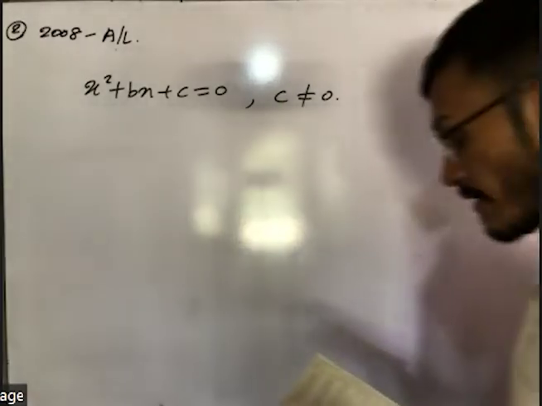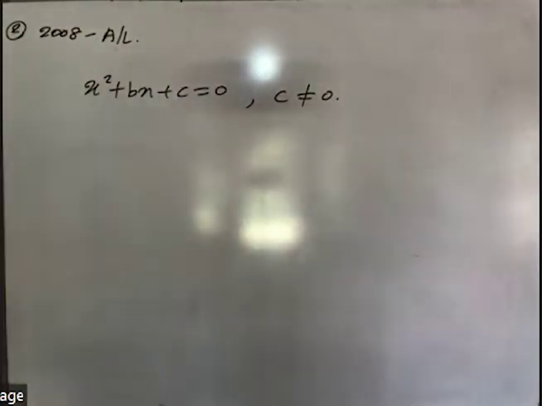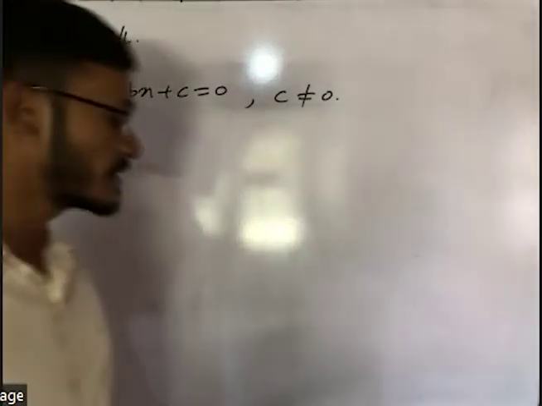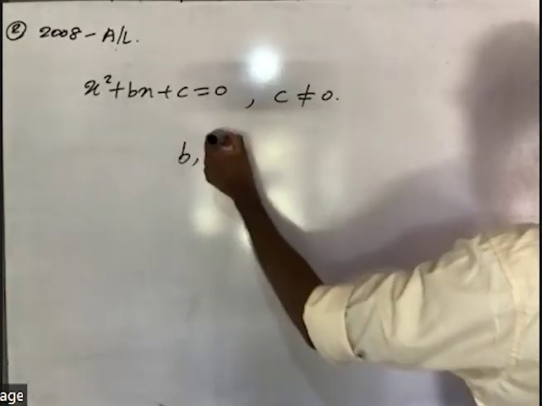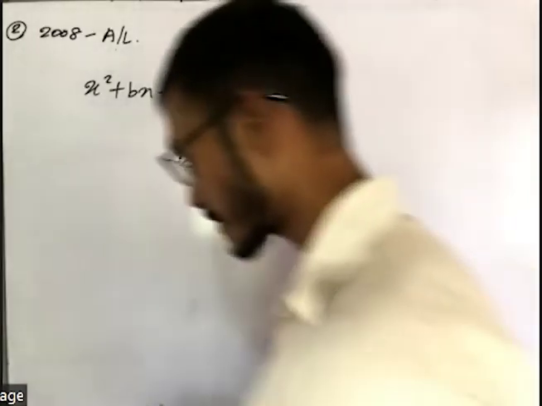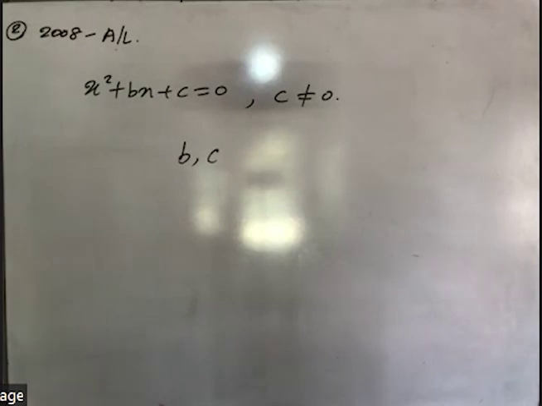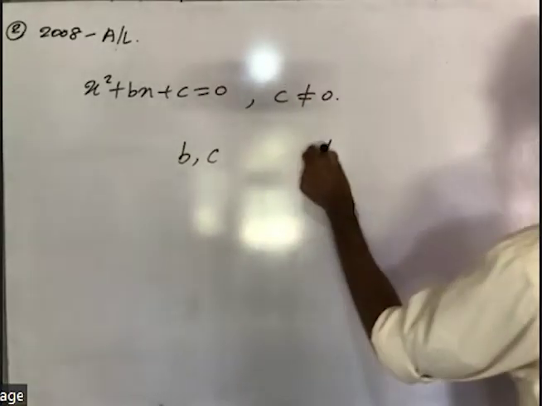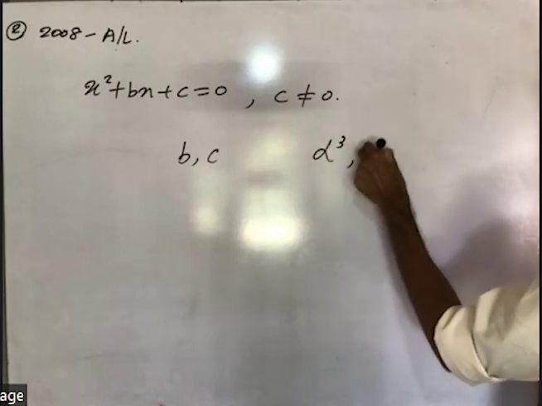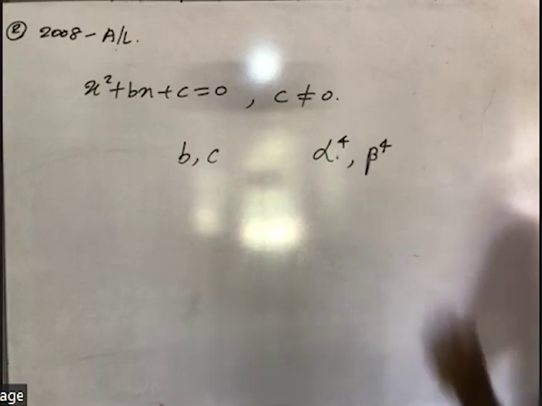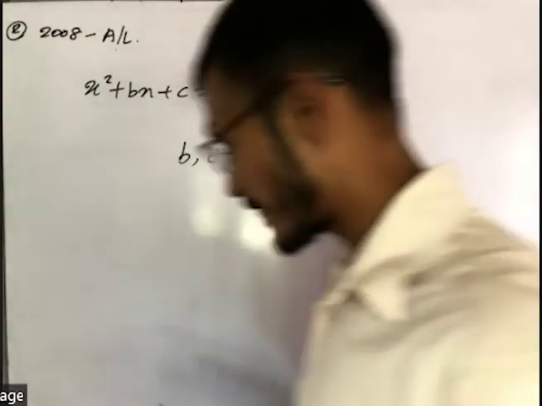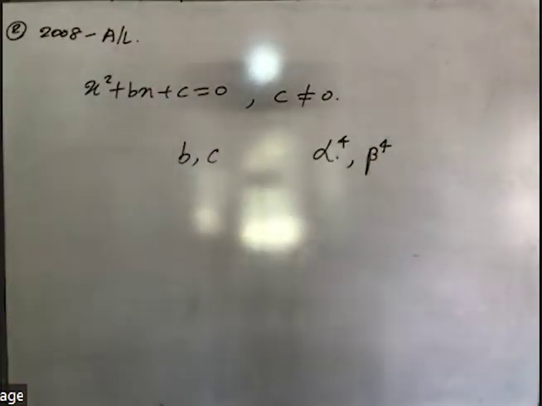Then write down, find the quadratic equation in terms of b and c whose roots are alpha to the power 4 and beta to the power 4.